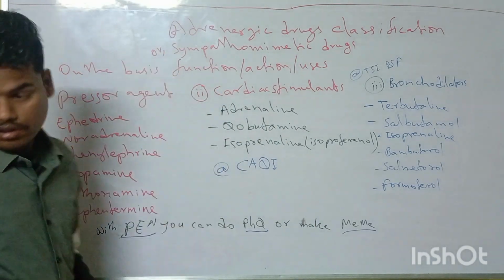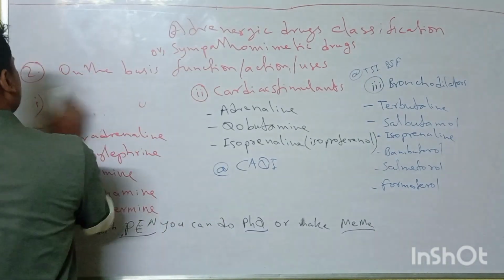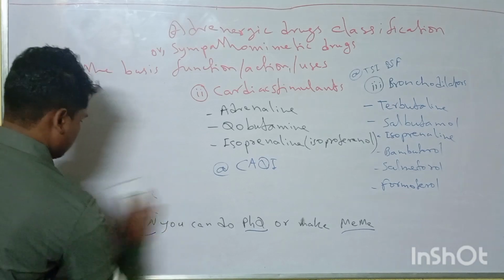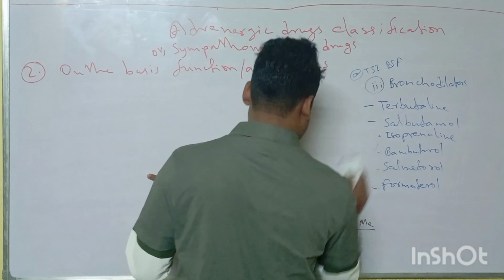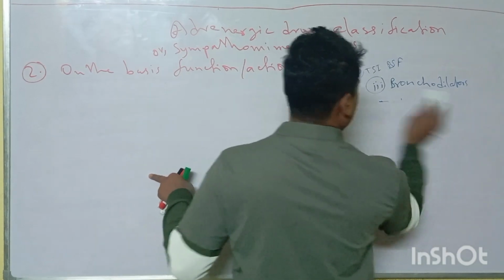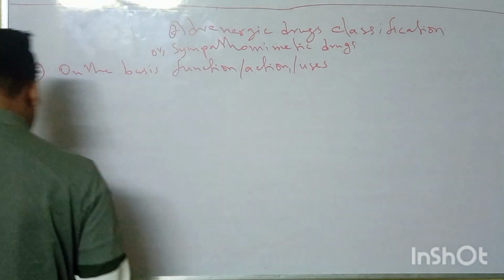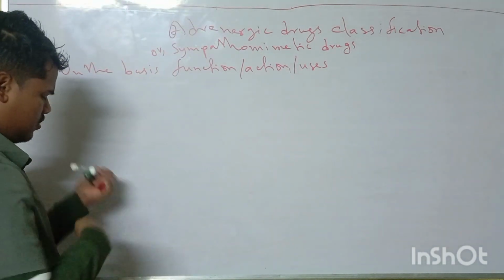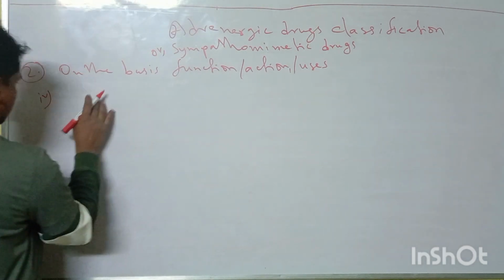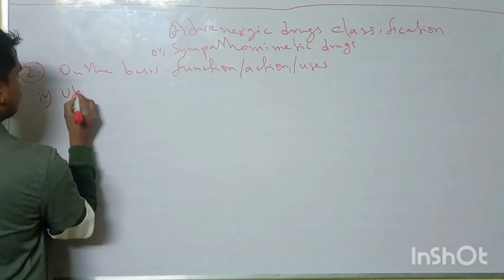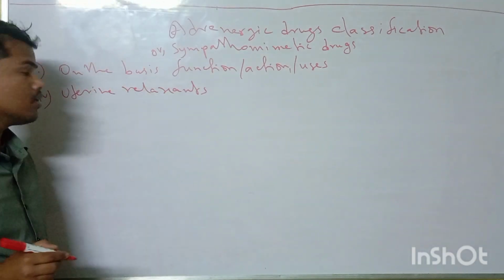Now let's move on to another type. Number 4 will be uterine relaxants.